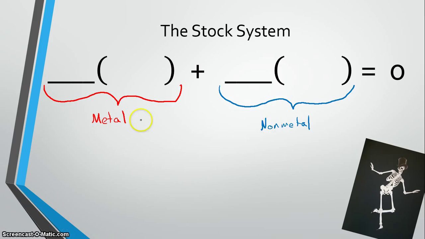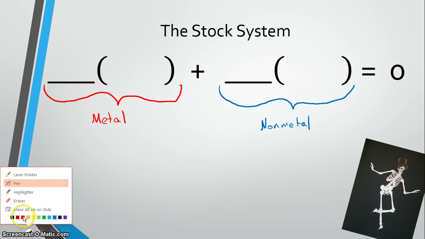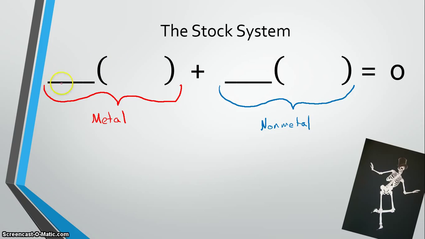Okay? Now, this equation looks really scary, but it's got some very, very simple rules. For example, if I look at the metal side, on this line, I'm always, always, always going to put the number of atoms or ions that I have in that compound.